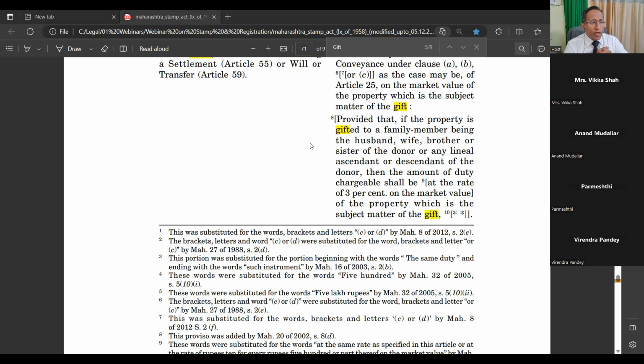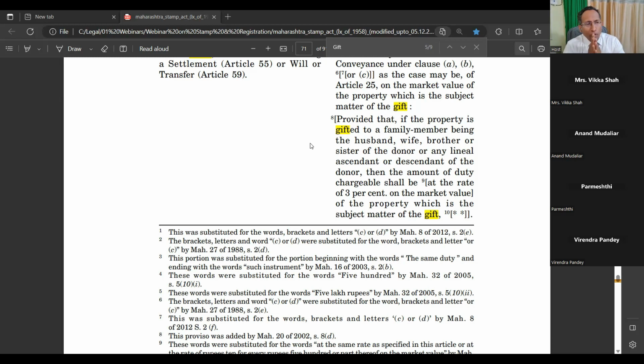Now coming to your issue, why I took up this topic is that under the Transfer of Property Act, I think around Section 40, you will find it: whenever two persons are buying property, it is presumed that they have equal shares in the property unless specifically stated otherwise.